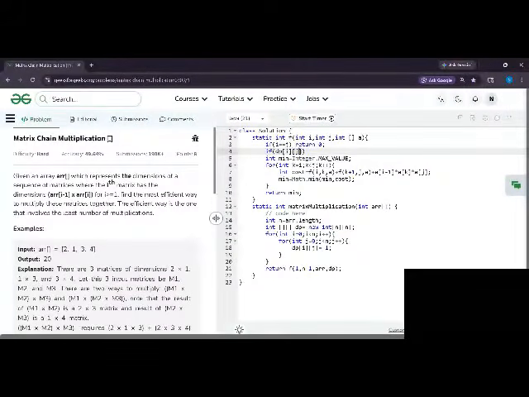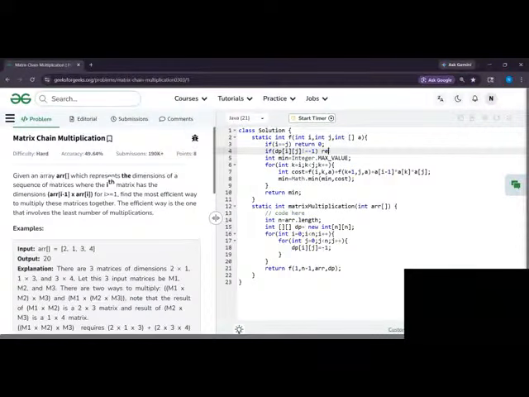If dp of ij not equal to -1, then I already calculated the answer for that particular recursive call. So I will be just returning the answer, dp of ij.